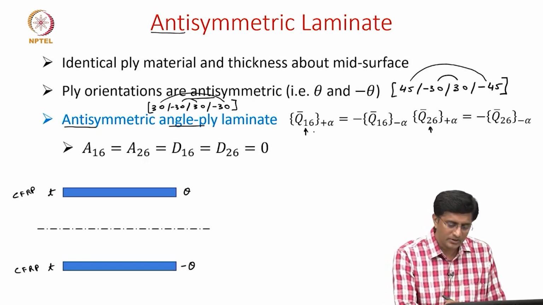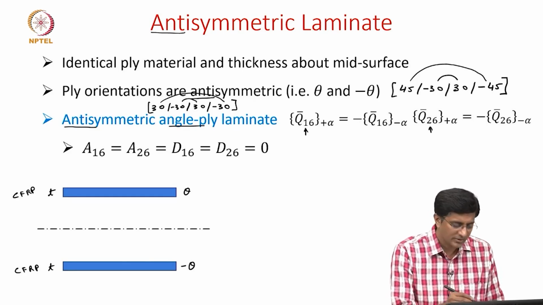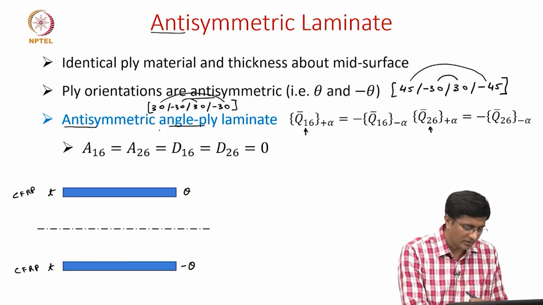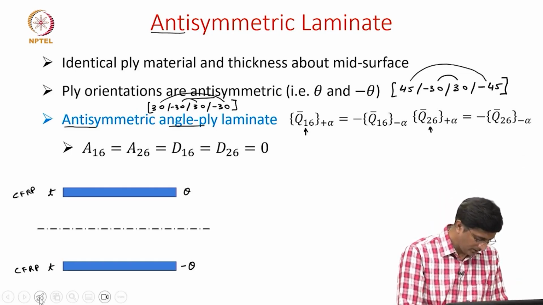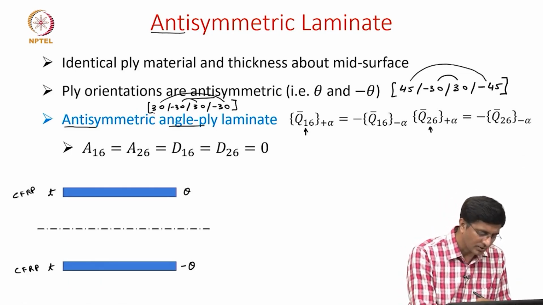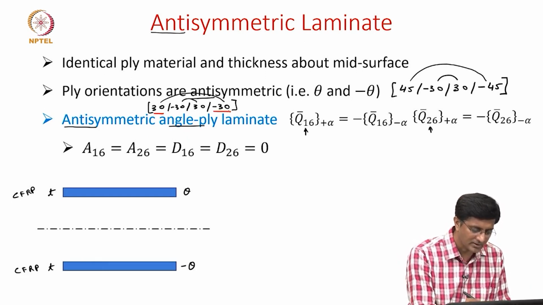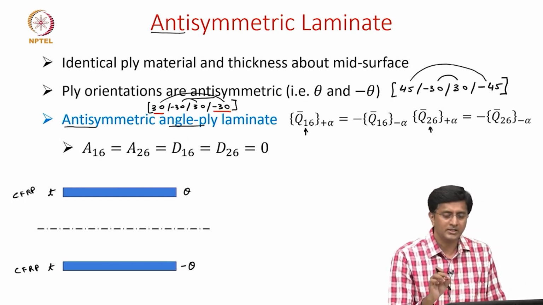Because of this change in sign, let's say we are discussing this example again, the first layer plus 30. Let's focus on this first layer and the last layer. The thicknesses are the same.